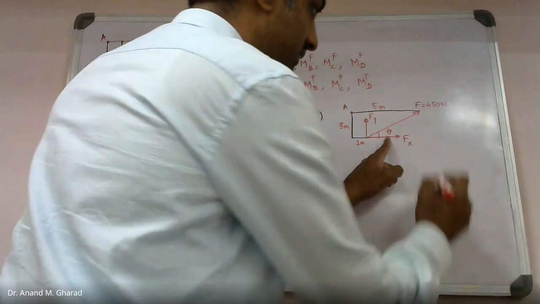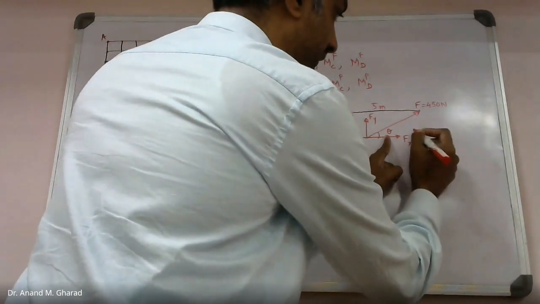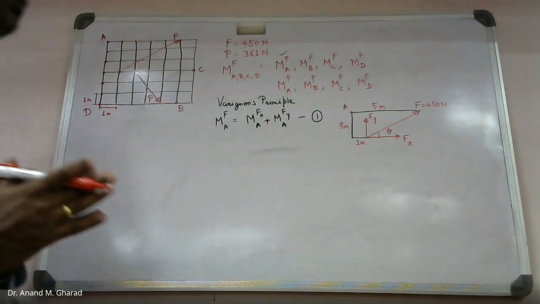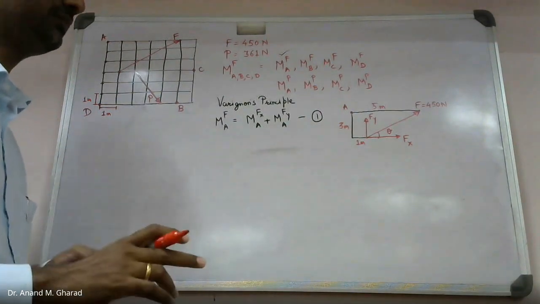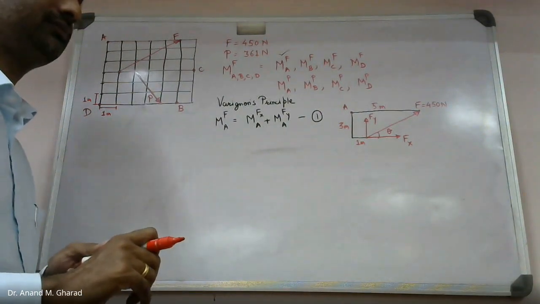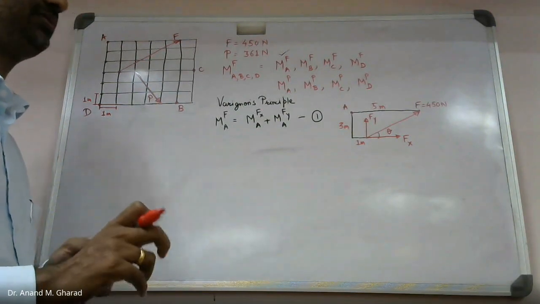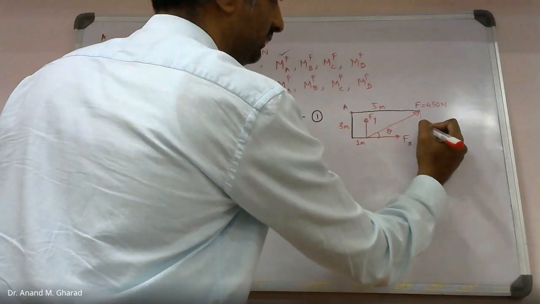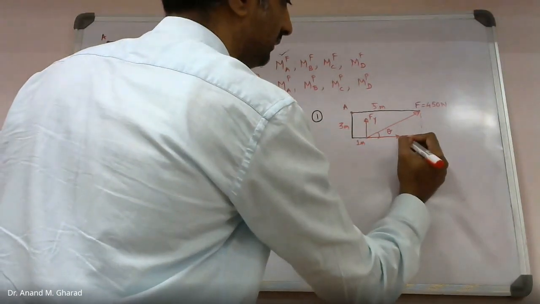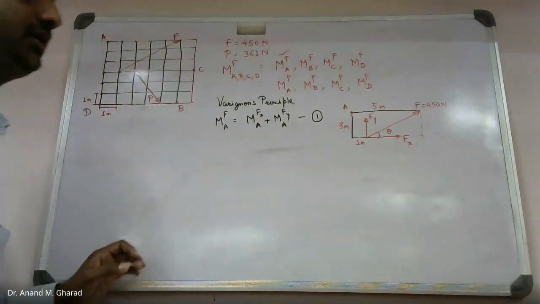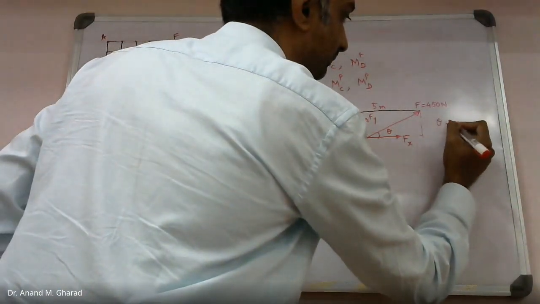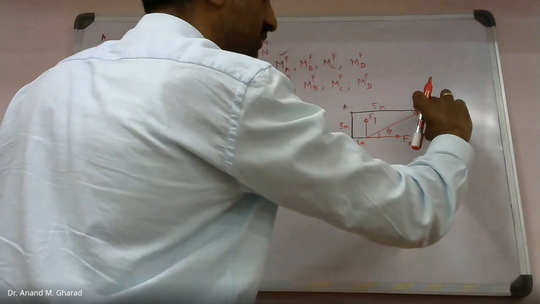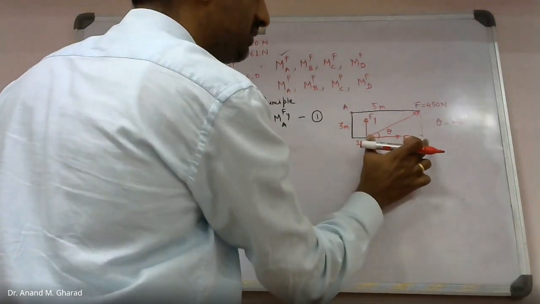So, can you please let me know what is this value of theta from this geometry? How much will be the theta value? Tan inverse of, let's say, this distance divided by this.